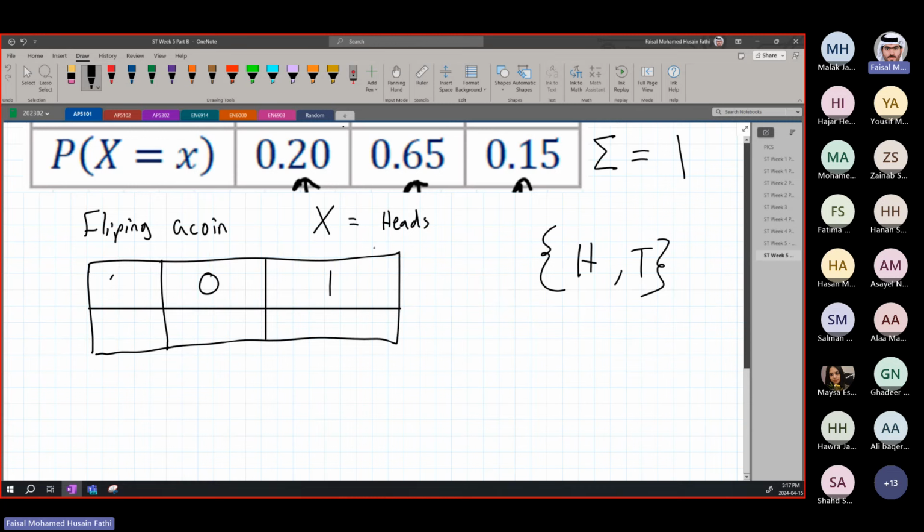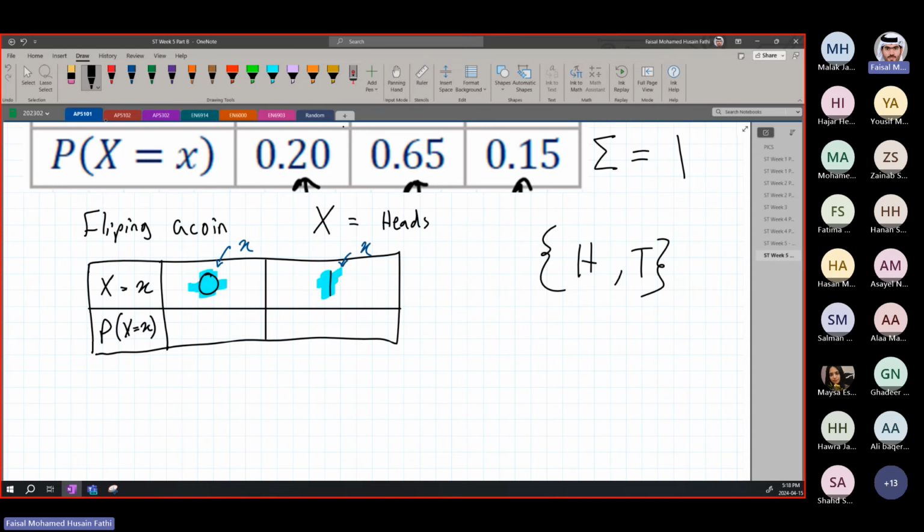So this would be my X equal to x. These values are my small x's. These are my actual outcomes, my known values. Now we're talking about the probability of X, of this unknown, of getting heads being equal to either 0 or 1, of getting it or not getting it.